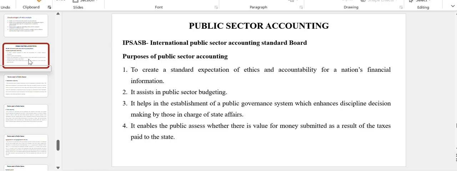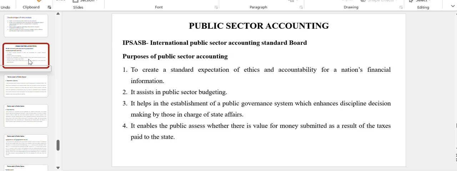So public sector accounting, as the name suggests, these are, for example, in Kenya, entities that benefit from the public fund. We have national government, we have county government, we have parastatals, we have political parties.